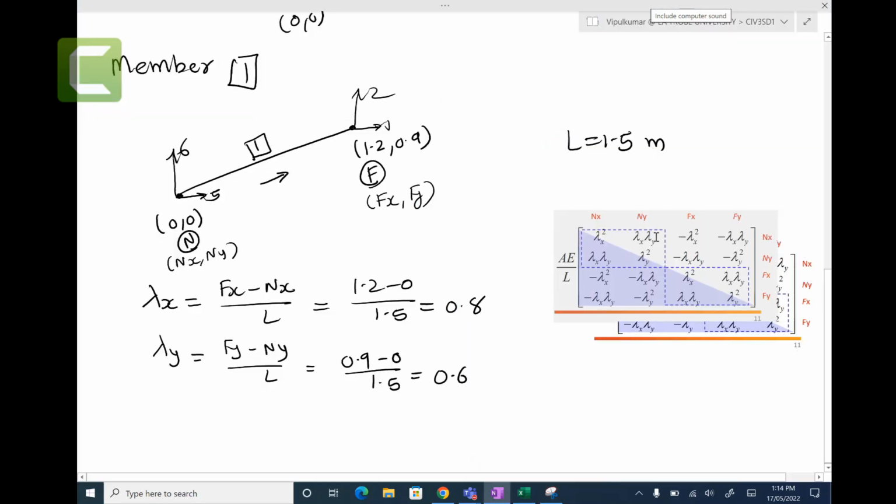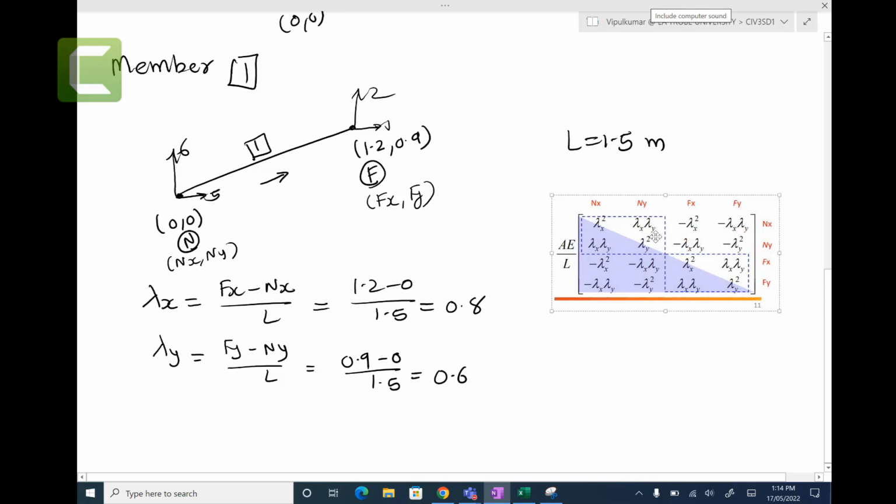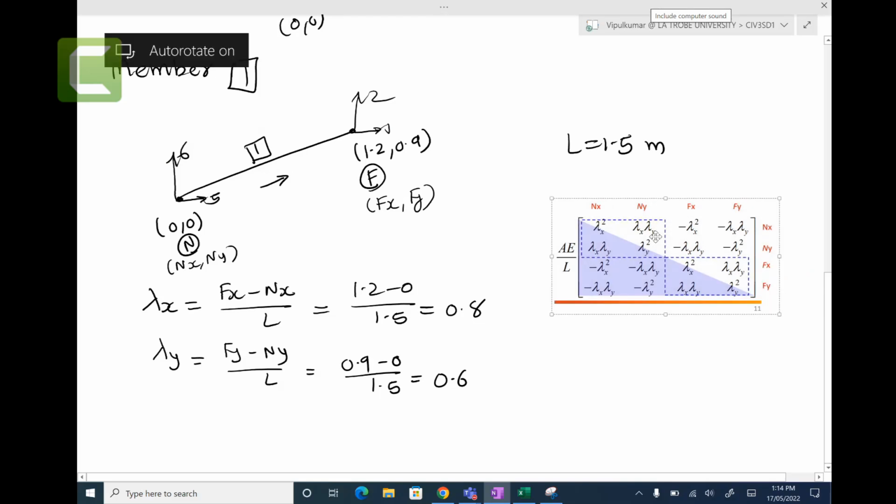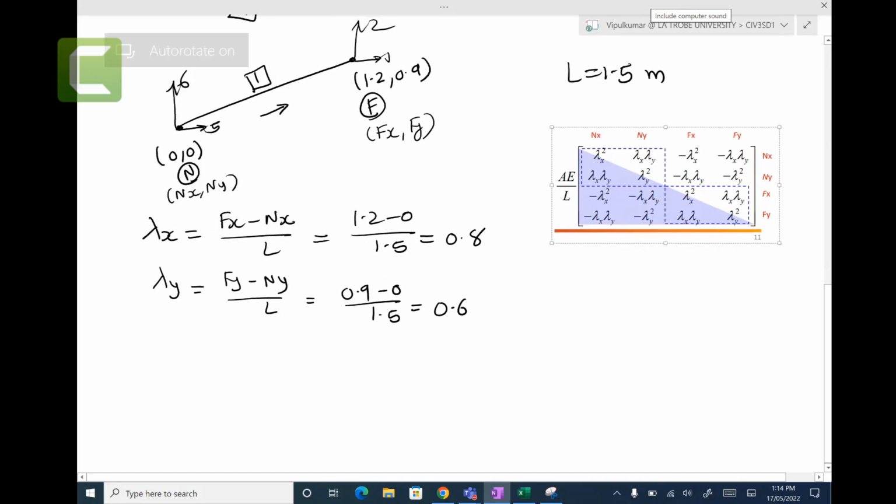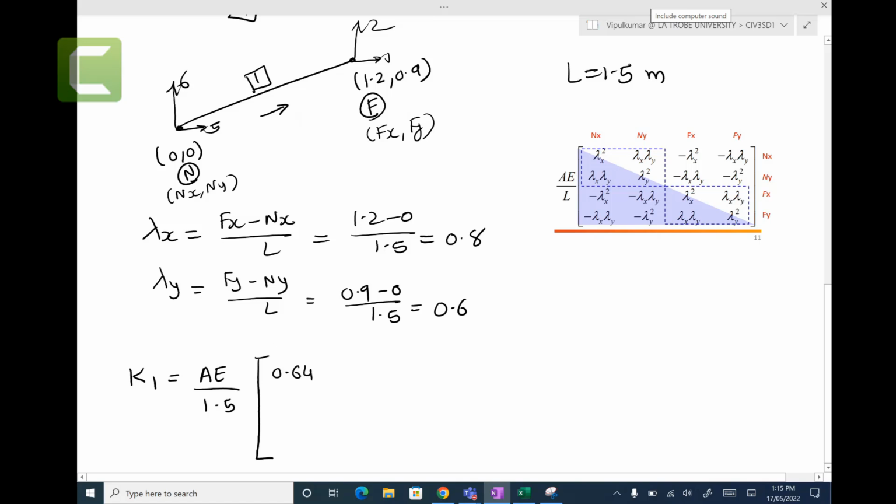Capital K1 equals AE over the length, which is 1.5 meters. I'm not writing the units. Lambda x squared, which is 0.8 squared, is 0.64. Lambda x times lambda y is 0.8 times 0.6, which is 0.48. I'm just plugging in the values, by the way.